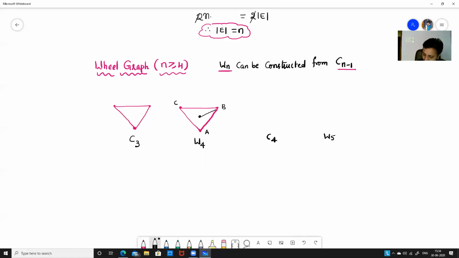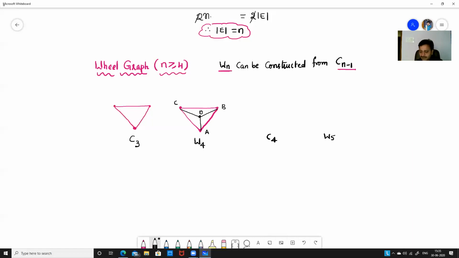Therefore, it is adjacent to B, adjacent to A, adjacent to C. This is called a wheel graph with four vertices. I can say this middle vertex is called D. Commonly, we can call it the hub.